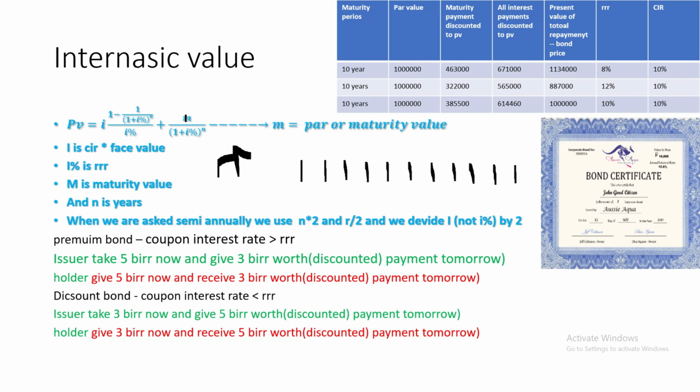M is 1 million, the par value, divided by 1 plus the required rate of return, or the market interest rate, 8%. 1 plus 8% will become 1.08 to the power of n, which is 10 years. With that, we'll find the present value of all future cash flows.